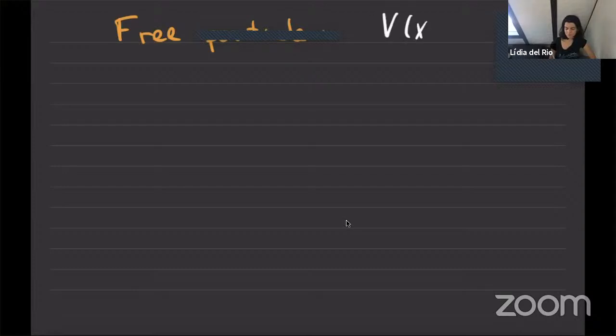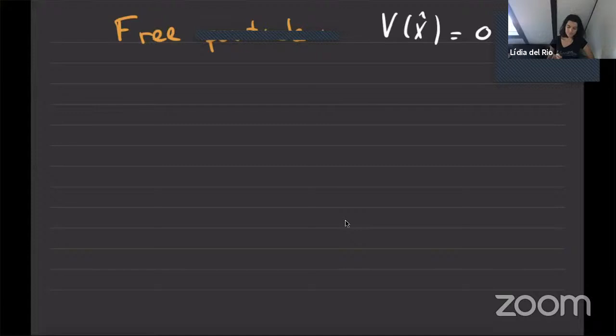So the simplest case now is the free particle, which means this potential is 0. It only has kinetic energy. Think of it like you throw a ball and the ball is just moving in outer space, no force acting on it, or an electron, you shoot it, and it only has the inertia of its own mass, and that's it. No gravity, no nothing.